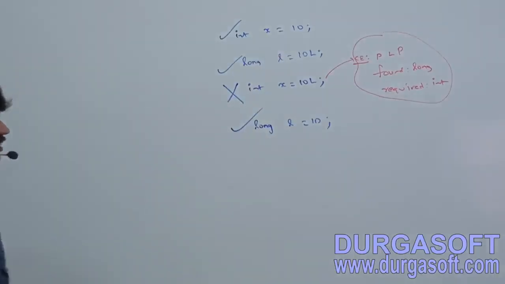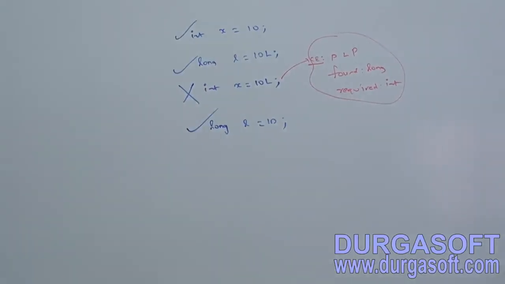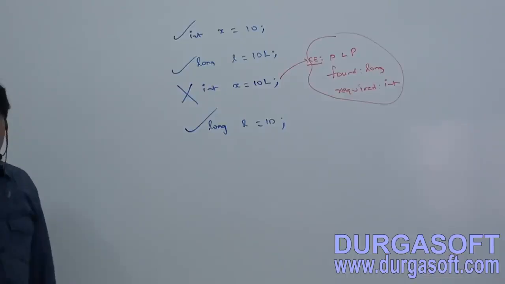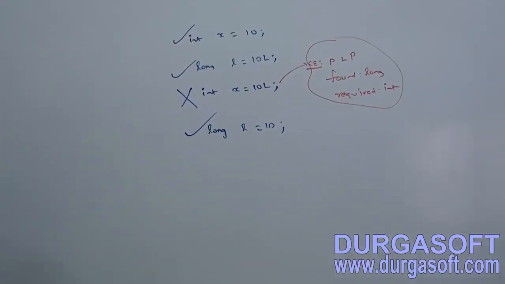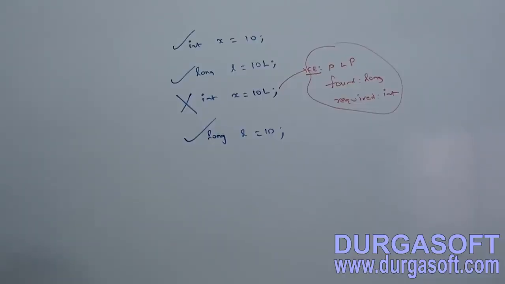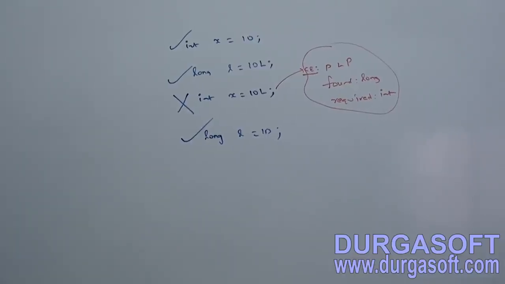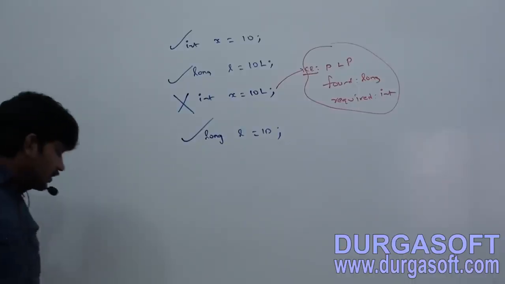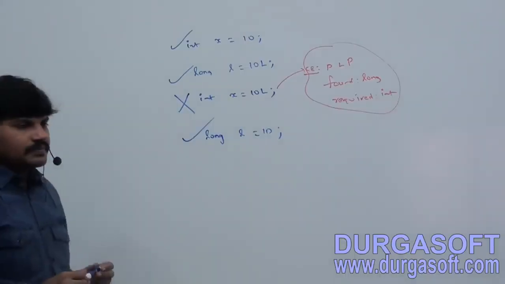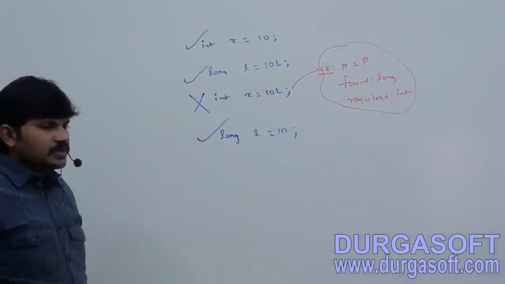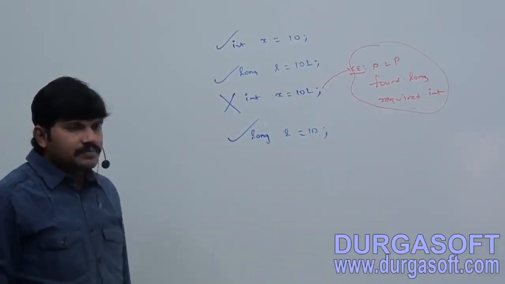Take this example. Int x is equal to 10. Long l is equal to 10L. Next, int x is equal to 10L. Next, long l is equal to 10.